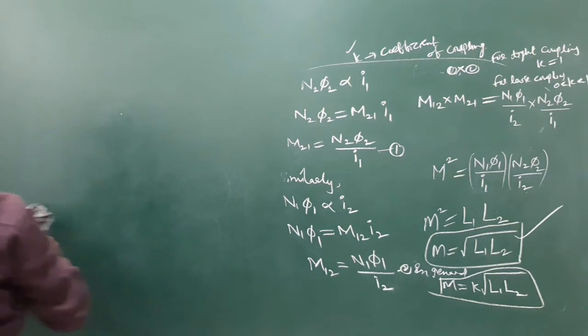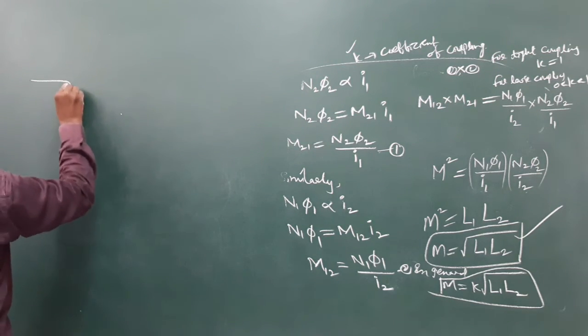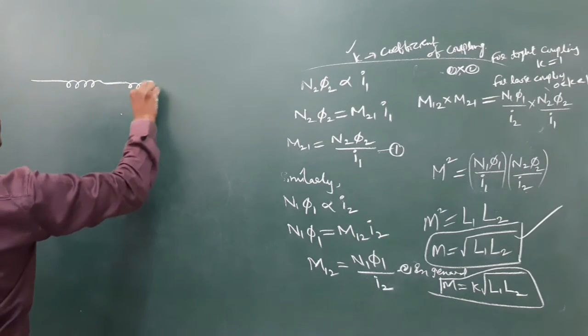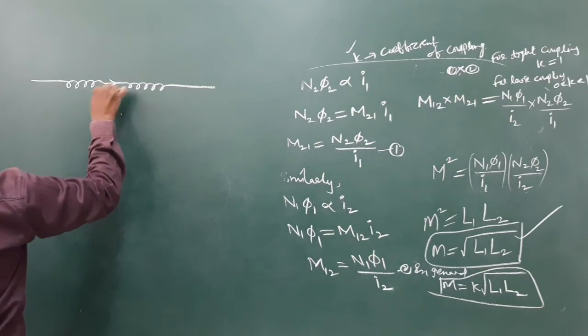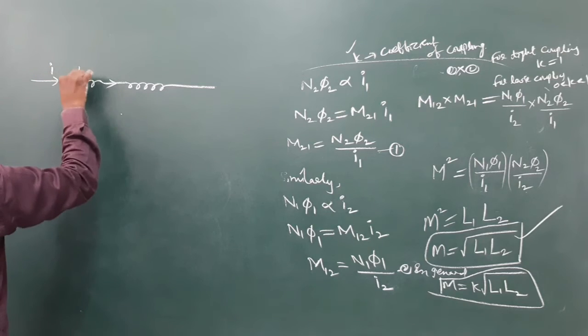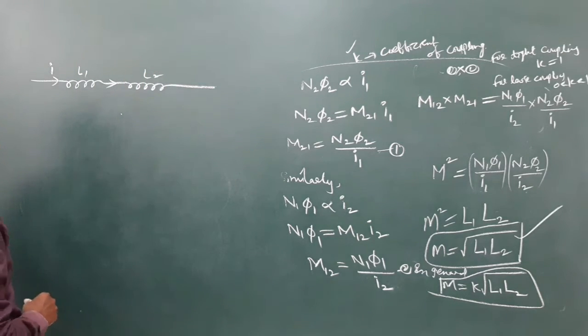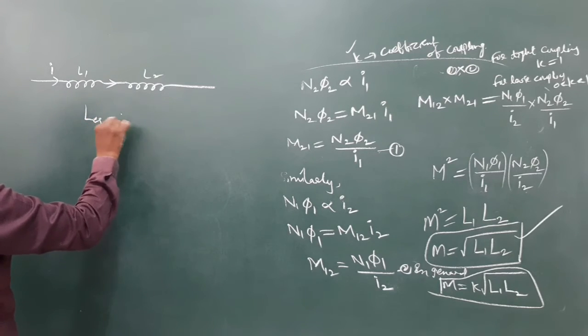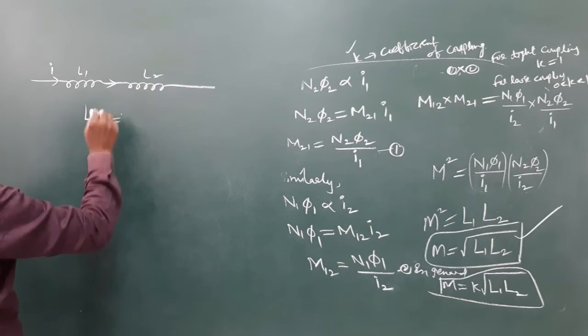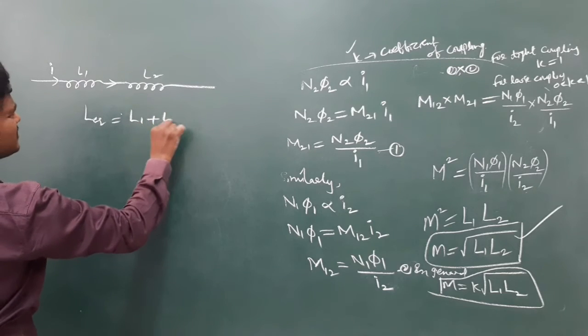In some cases they may give diagrams like this. See, this is one inductor and two inductors are connected in series and currents in both are in the same direction. If they ask to find the equivalent inductance, then we can write directly L1 plus L2.